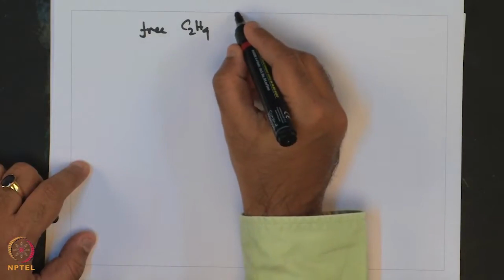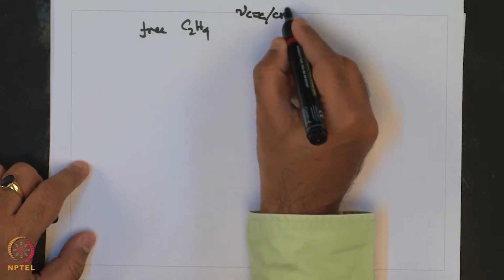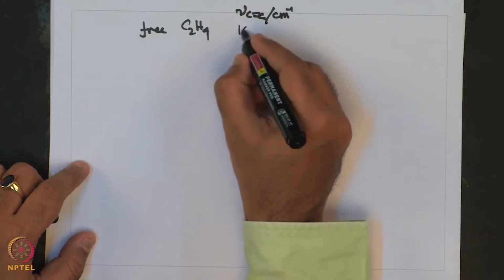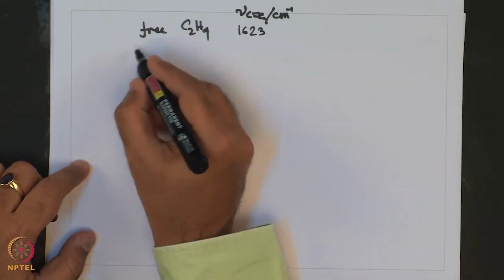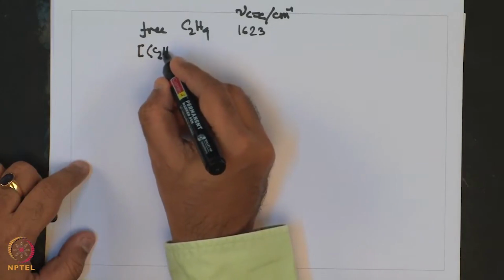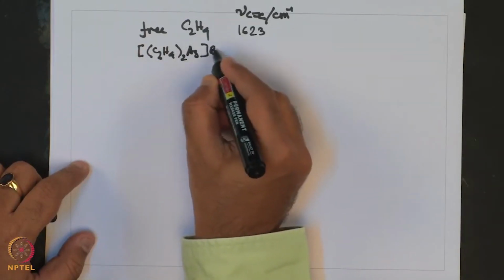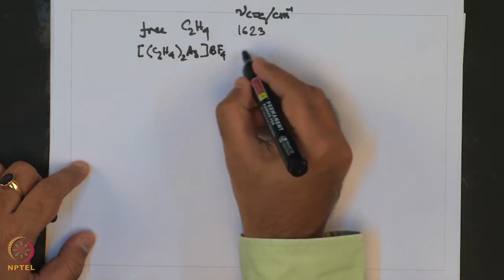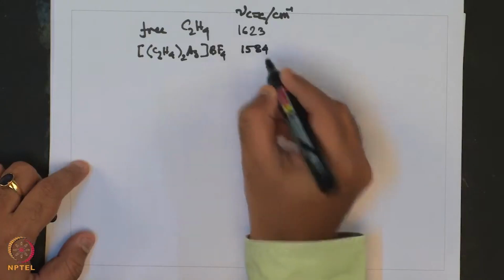then the CC stretching frequency in centimeter inverse is 1623, and let us say the alkene complex (C2H4)2 Ag BF4, then because of both of these interactions it is 1584.